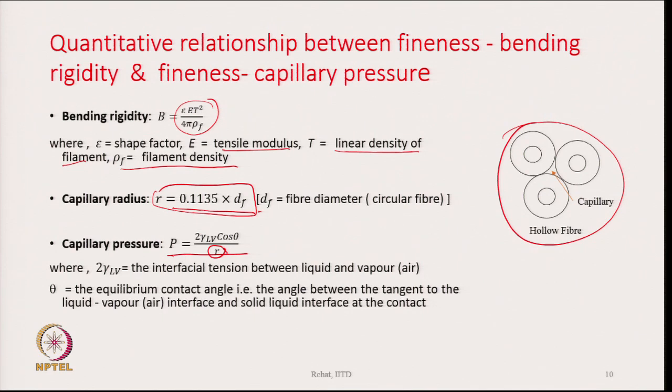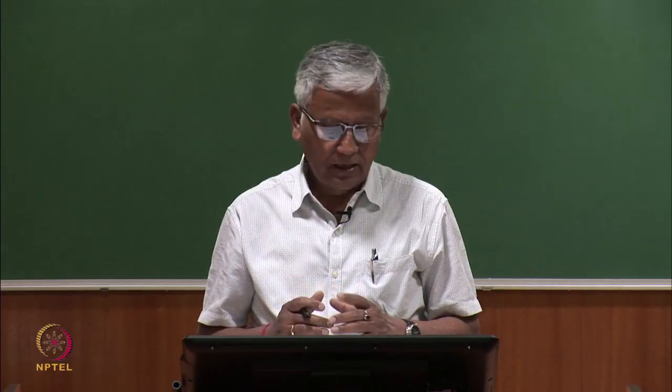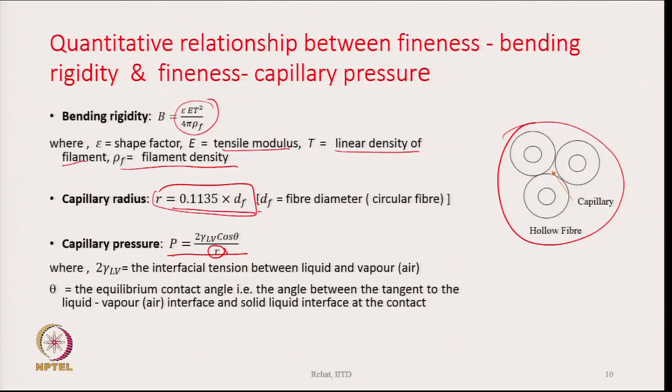The assumption is that fibers have formed a close packed structure, and in that situation this is the value of the capillary radius that we will get. However, in actual cases, if the fibers are not touching each other, the value of R is going to be much larger than what we expect as per this equation.